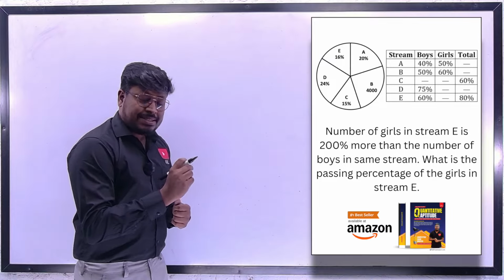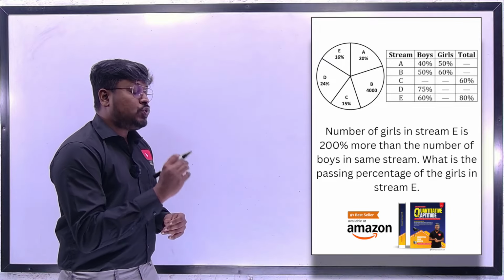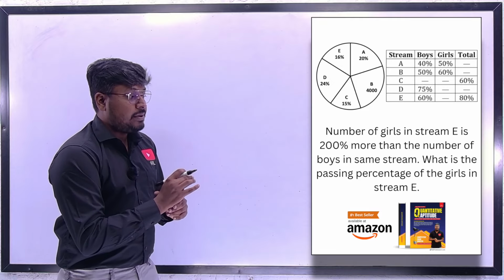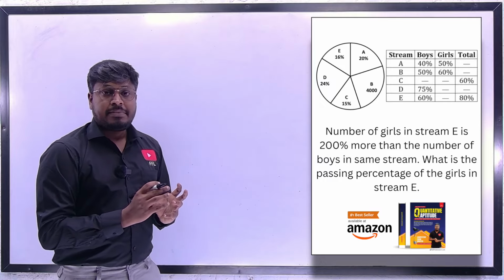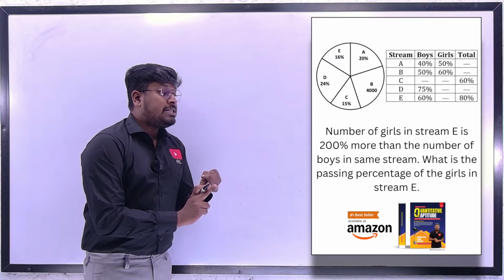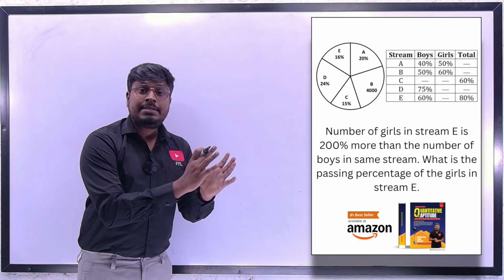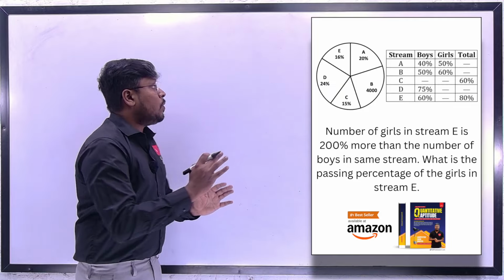Here is the first question. The number of girls in stream E is 200% more than the number of boys in the same stream. What is the passing percentage of the girls in stream E? Our target is to find the pass percentage of the girls. To find that, what we need is the total number of girls.